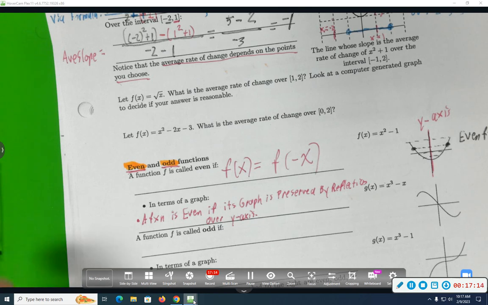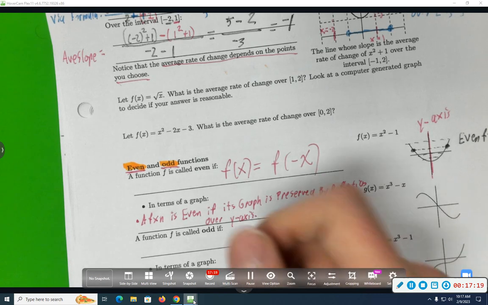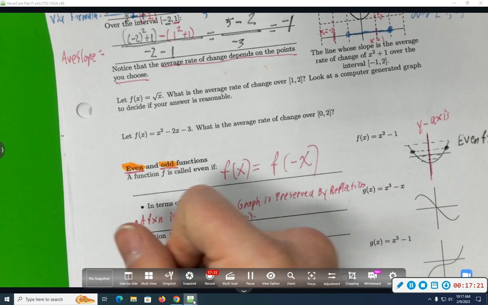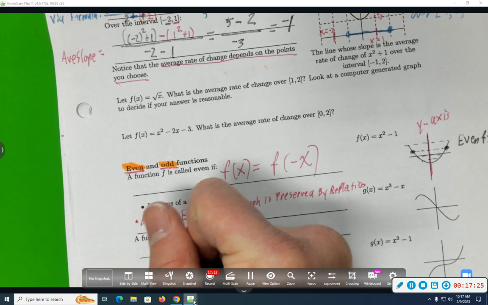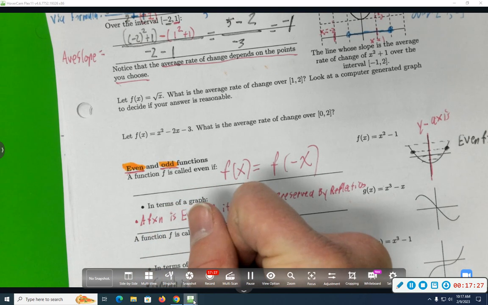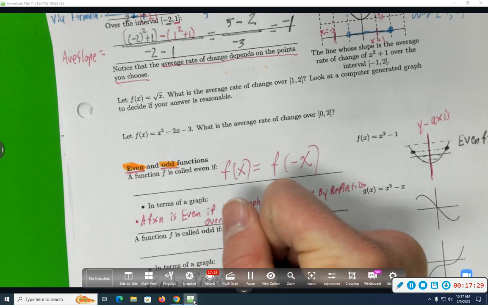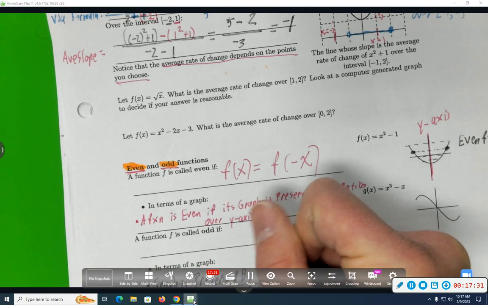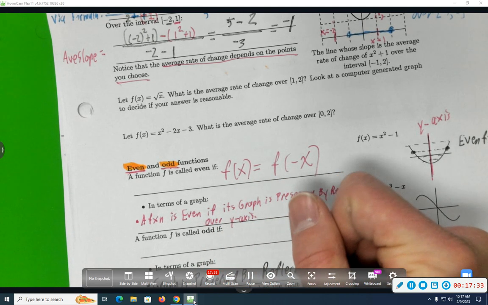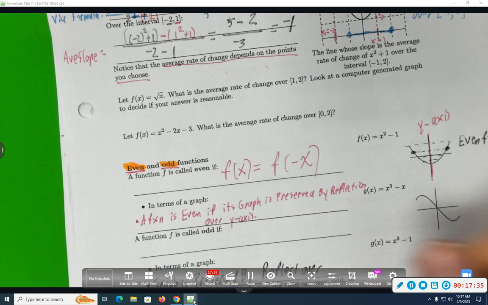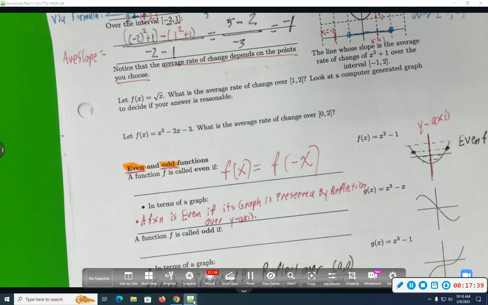I'll write down the other suggestion and then we'll talk about that, because there's a weird subtlety. So a function is called odd, in terms of a graph, if its graph is preserved by reflection over the origin.